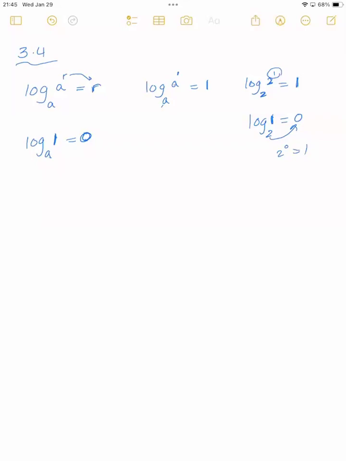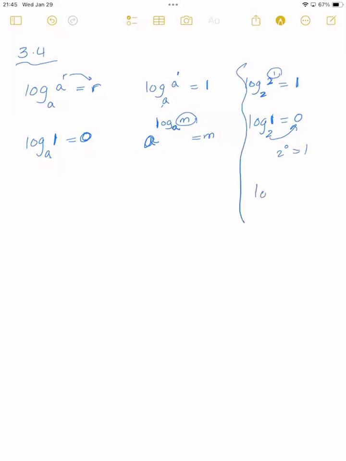Another property was, which I haven't done with you before, if you have an a, and this a has an exponent with a log involved, and this log also has base a, so you have an a here, and your exponent is log base a of something, the answer is going to be that something.